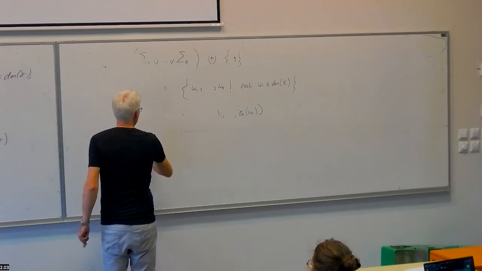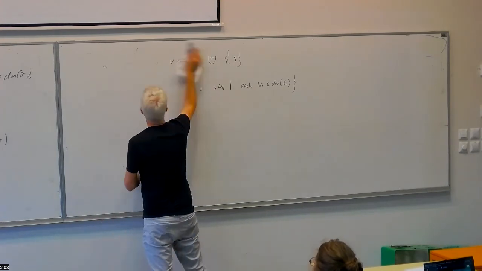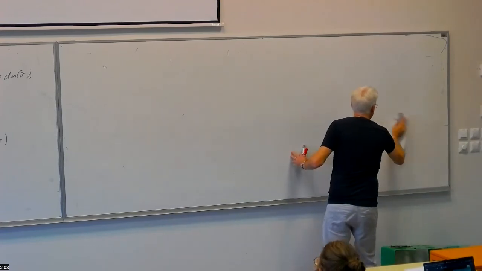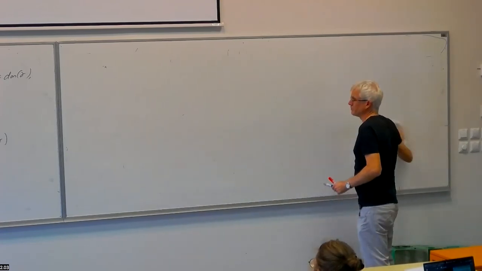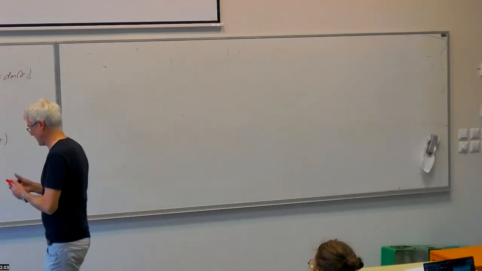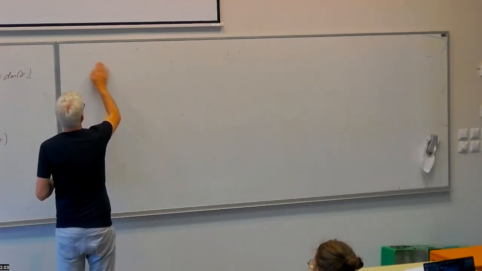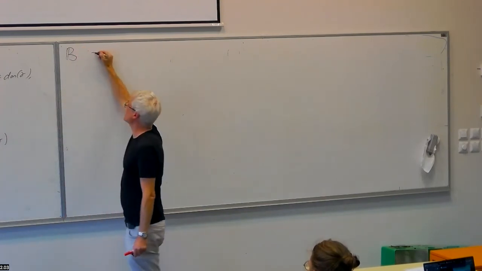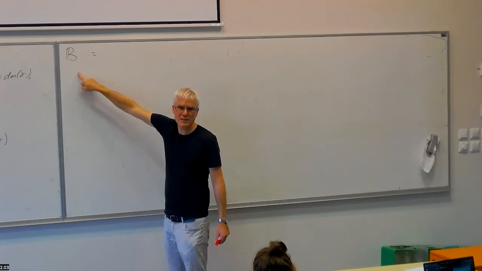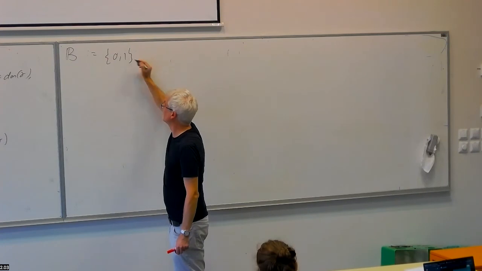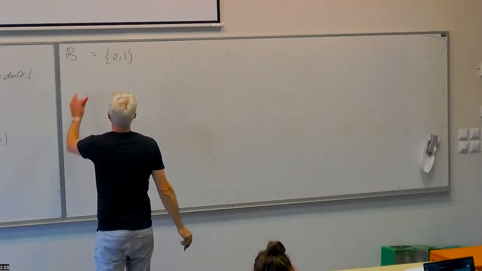Right, anyway, what I want to end with is a nice characterization of decidable and semi-decidable sets. So I'm going to define a bold set B. This is the set of bits, so it's just the two-element set 0, 1.